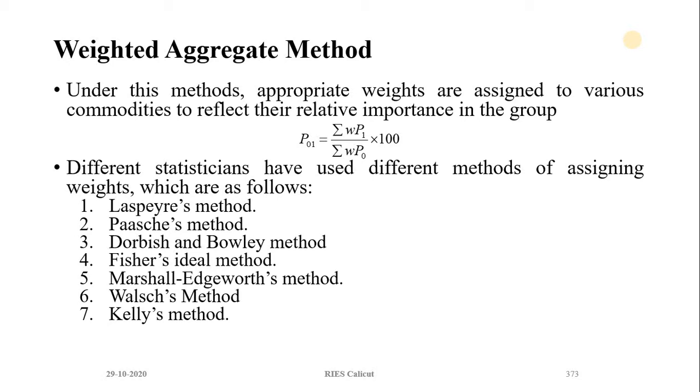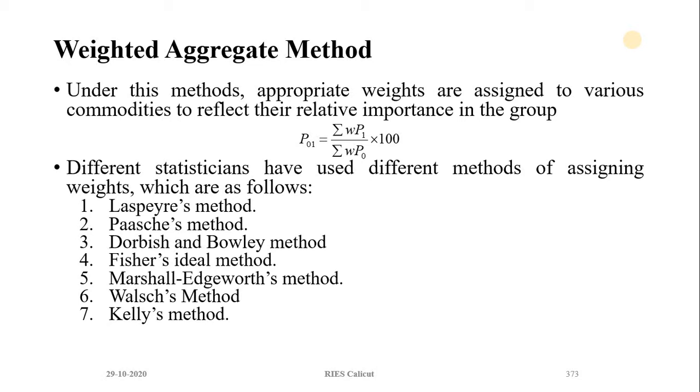So the price index number for the current period based on the base period will be equal to sigma W P1 divided by sigma W P0, into 100.